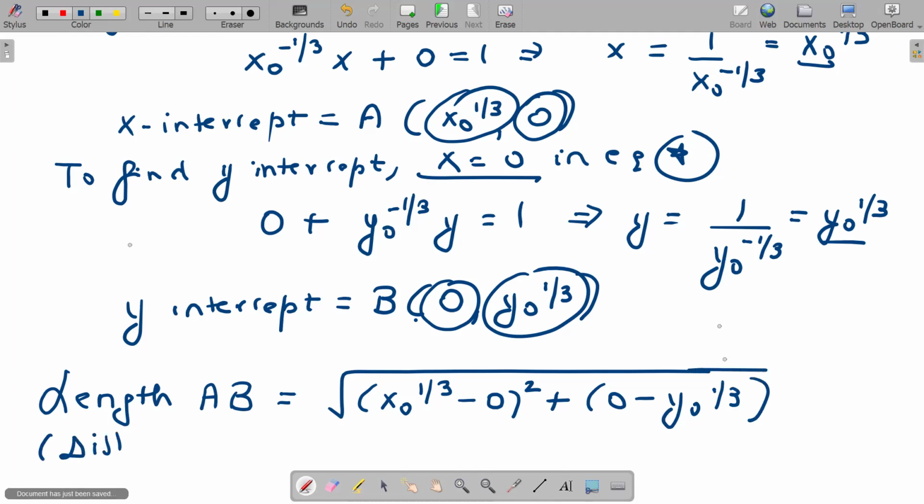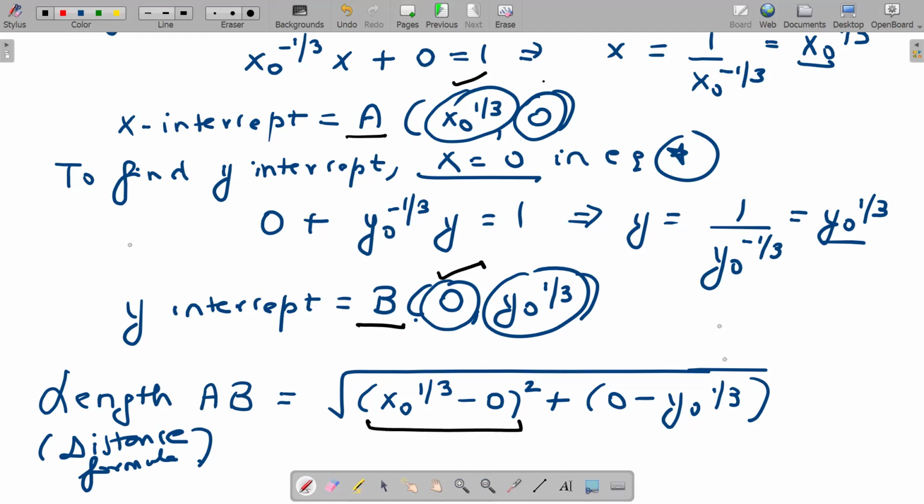We have done the distance formula in high school mathematics as well. To find distance AB, this coordinate minus the corresponding x coordinate for B squared up, plus this coordinate minus this coordinate squared up.